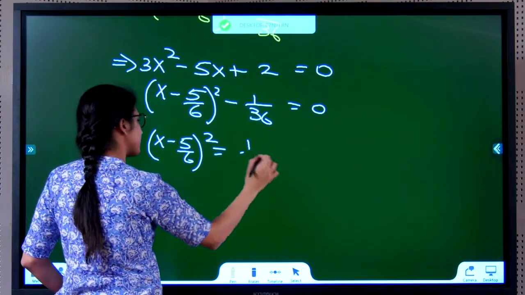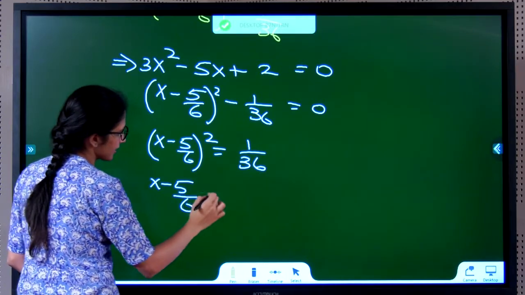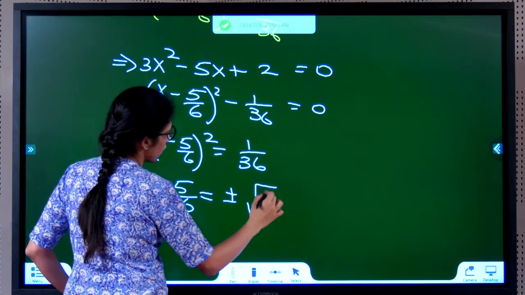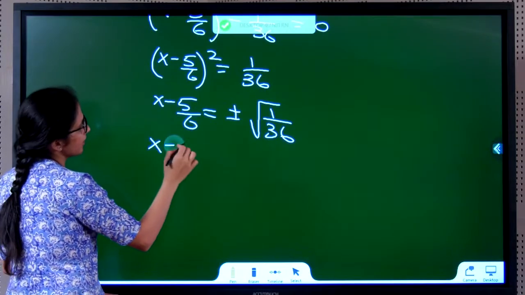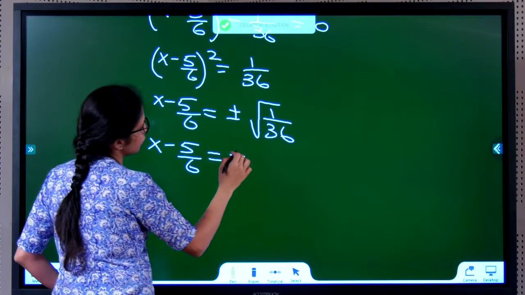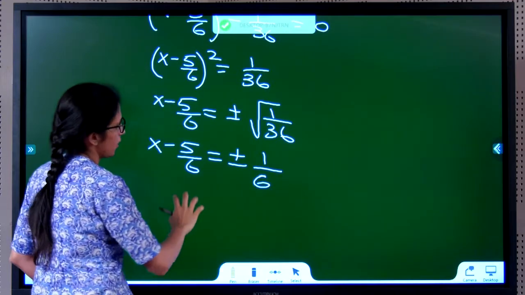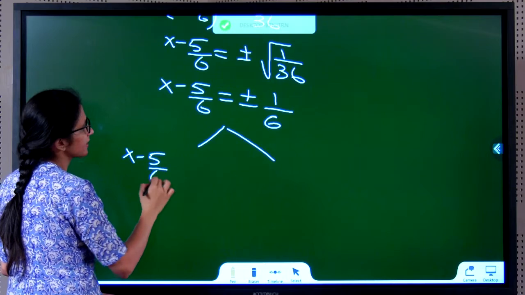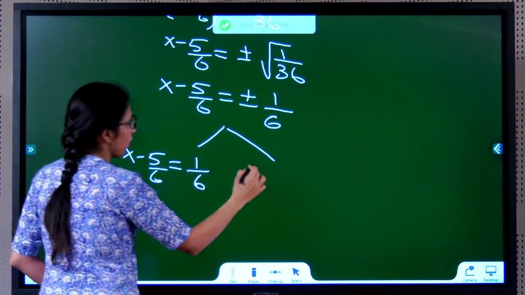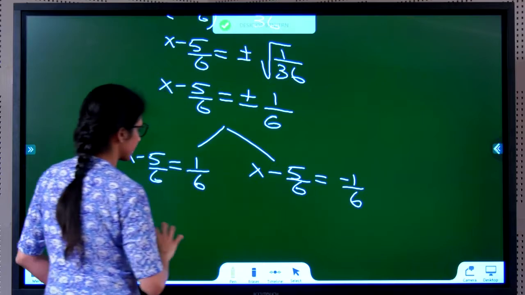Send it that side: plus 1 by 36. So x minus 5 by 6 is equal to plus or minus root of 1 by 36, because the square went that side. Root 1 is 1, root 36 is 6. So this gives us two options: x minus 5 by 6 is equal to 1 by 6, or x minus 5 by 6 is equal to minus 1 by 6.